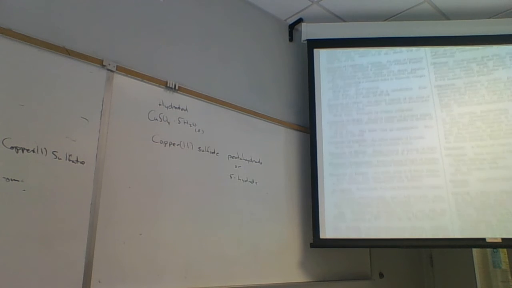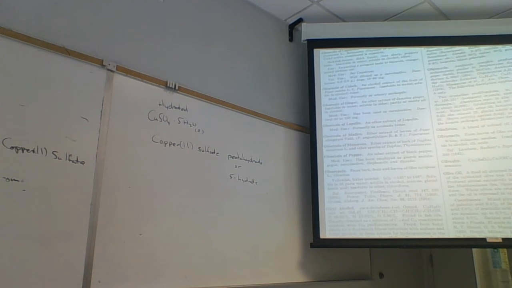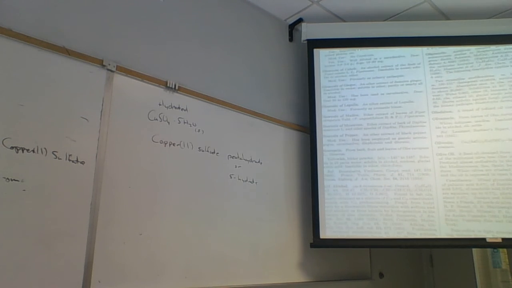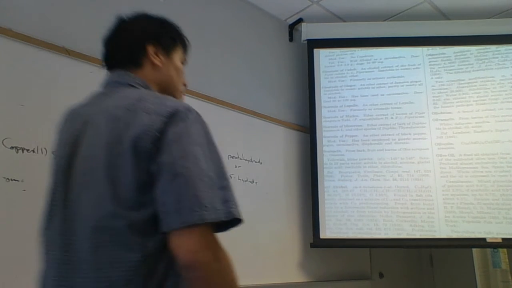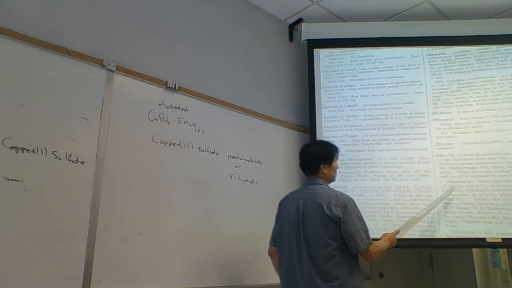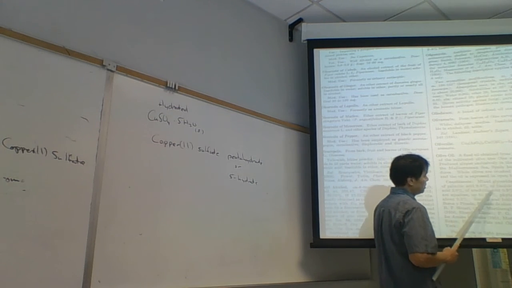And then here's another mixture, olive oil. Is olive oil a compound, substance, element, mixture? I'm just curious, what are the constituents of olive oil? I want to know the composition.